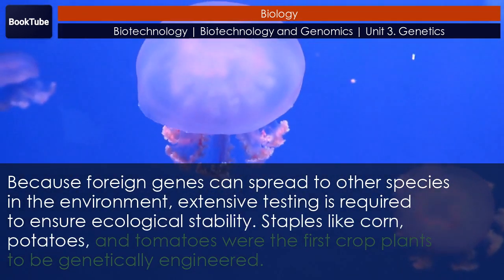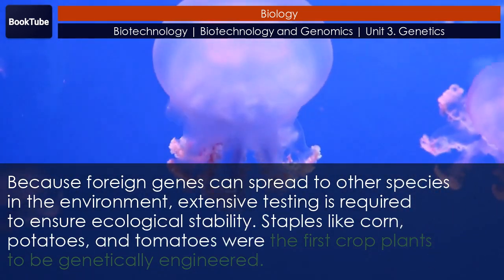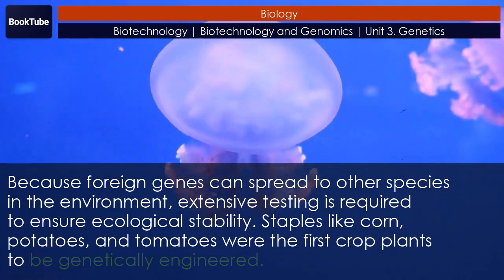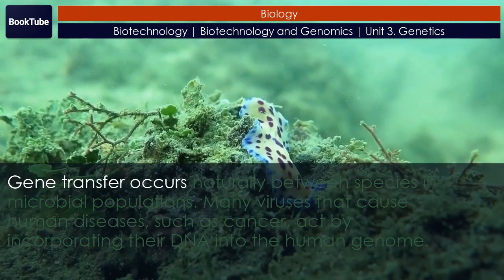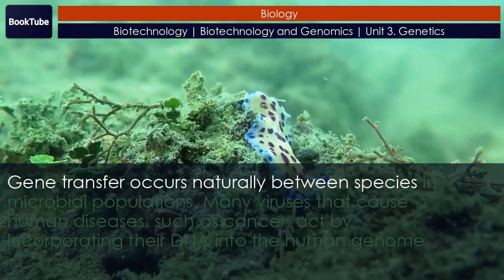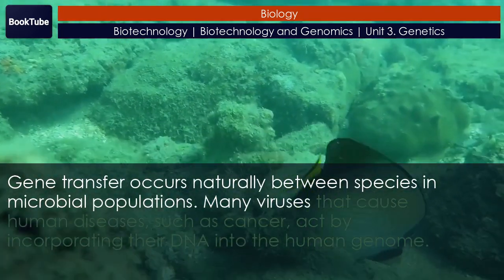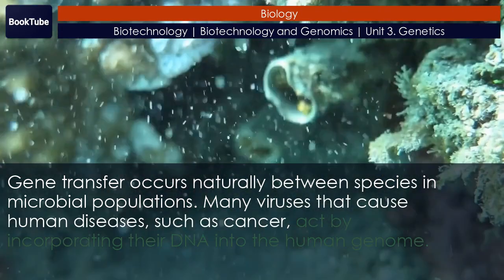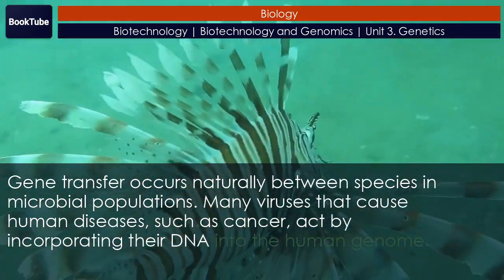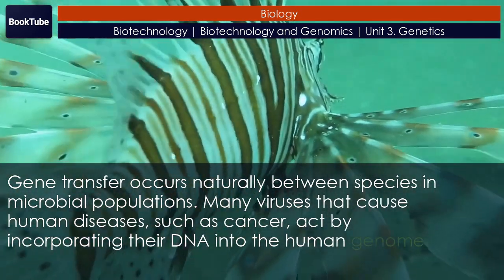Staples like corn, potatoes, and tomatoes were the first crop plants to be genetically engineered. Transformation of plants using Agrobacterium tumefaciens. Gene transfer occurs naturally between species in microbial populations. Many viruses that cause human diseases, such as cancer, act by incorporating their DNA into the human genome.